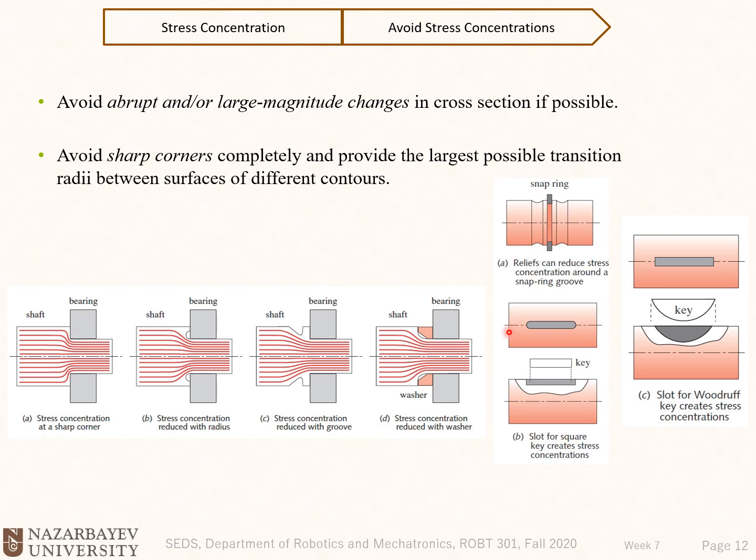Here we have keys and keyways. These are basically a method of mounting gears on shafts, and you see that we could have different types of keyways, and one of them, for example, is a woodruff, and with the woodruff, you see that the gradient of the abrupt change is much less than the normal square keys.